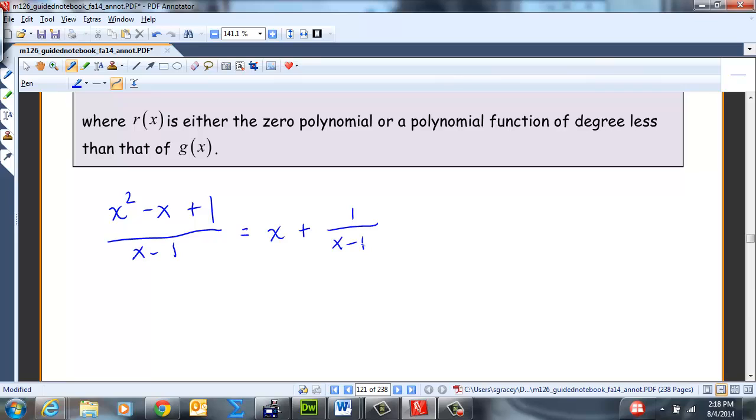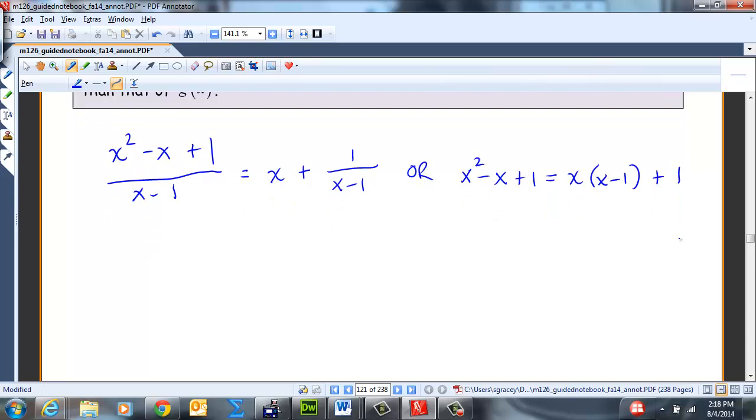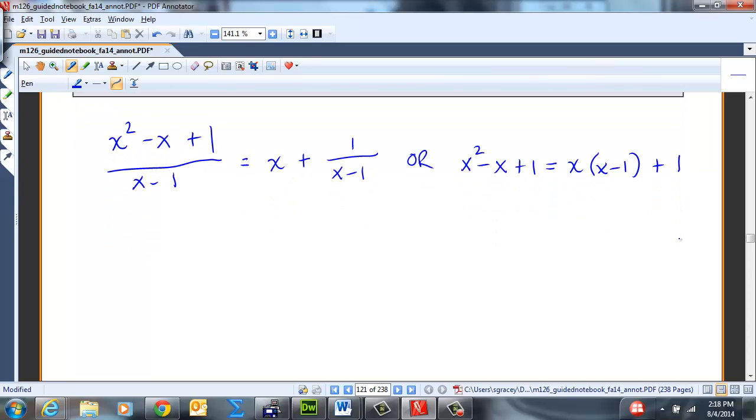Now equivalently, if you multiplied both sides by x minus 1, you would get x squared minus x plus 1 would be equal to x times x minus 1 plus 1. So let's identify what piece these are. So the f of x was the original numerator. So that was x squared minus x plus 1.